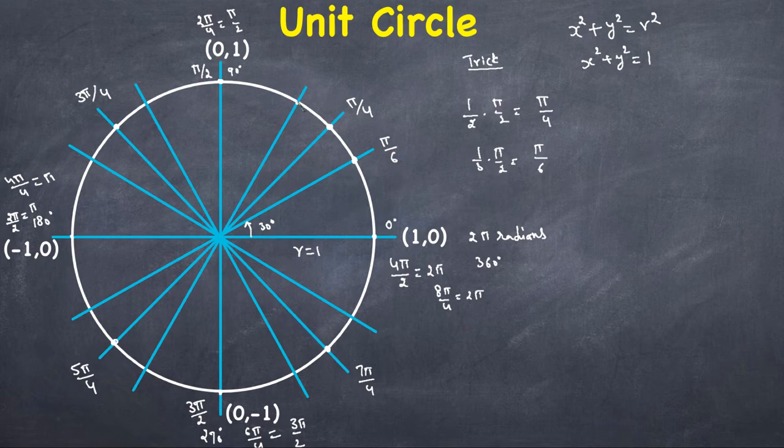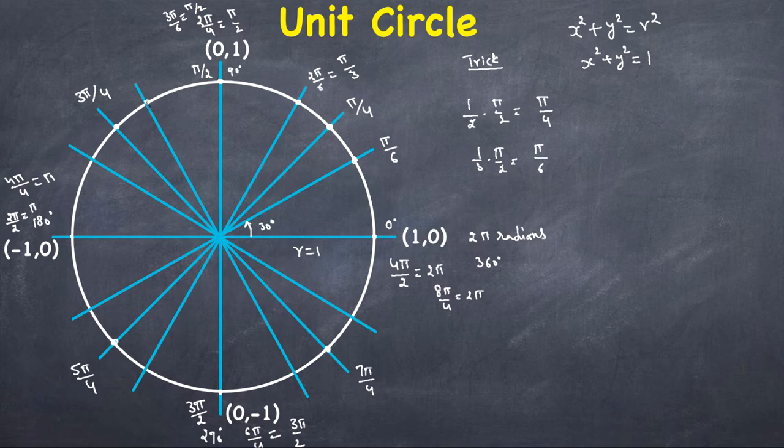Now let's go back to the second. This is going to be 2 pi over 6, which is going to be pi over 3. So pi over 6, 2 pi over 6, and this one is going to be 3 pi over 6, which again gives you pi over 2.